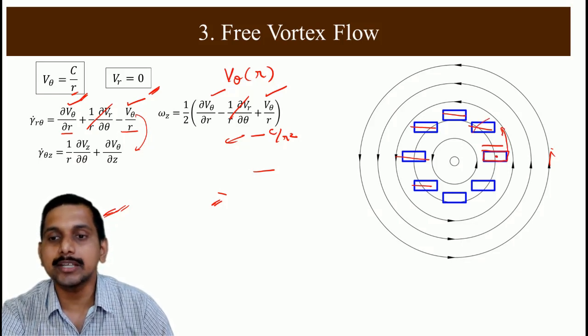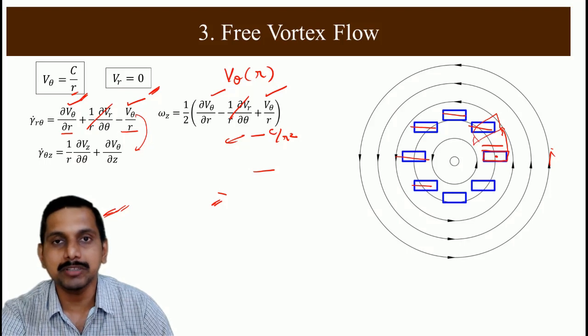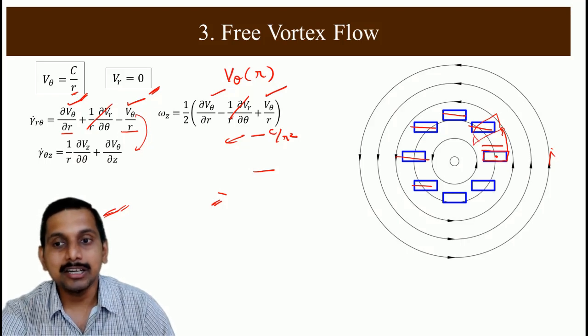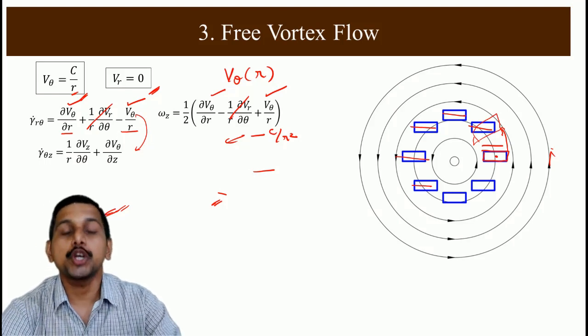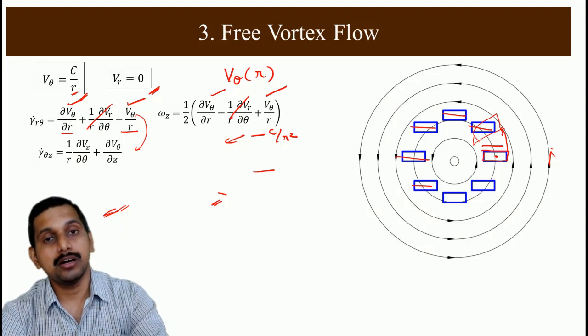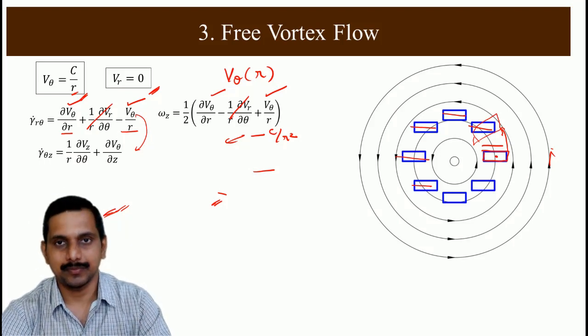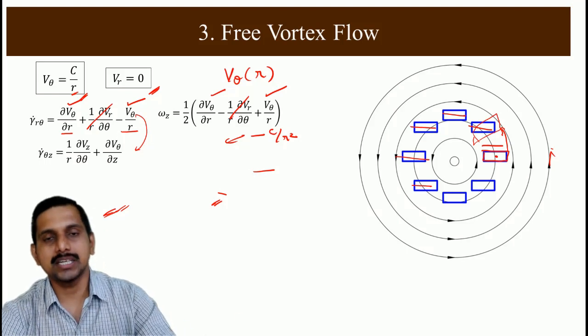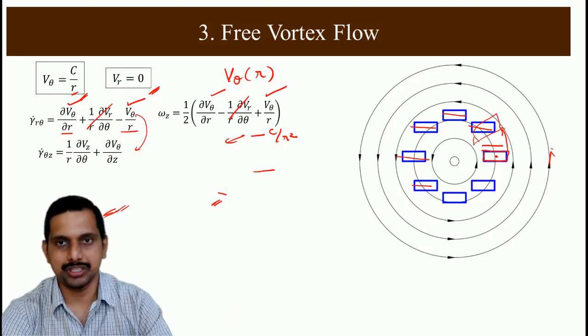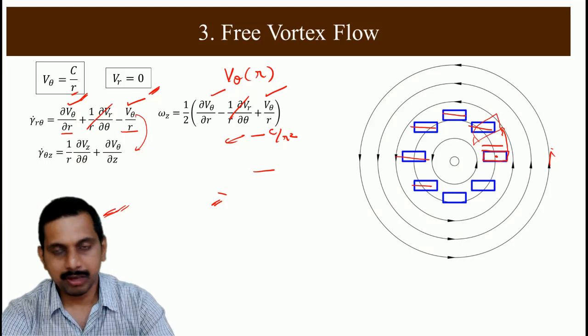It had to rotate actually in this fashion. It has to become this. But the shear strain rate is making it come back to the same position. So the shear strain rate is counteracting, or opposing, the rotation. That is the reason there is no rotation in the free vortex flow.